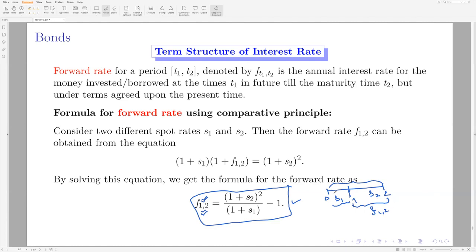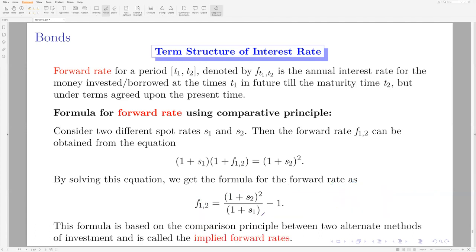Instead of going for the entire 2 years, if I go for only this through a forward contract, what is the rate that I can look for to get a contract with somebody is given by this formula.